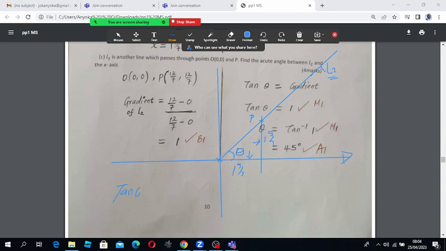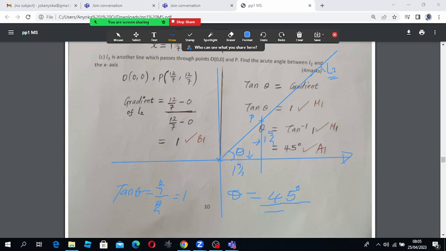So tan theta equals opposite, 12 over 7, over adjacent, which is 12 over 7. Which gives us 1. So what will be the angle? The tan inverse of 1, which is 45.